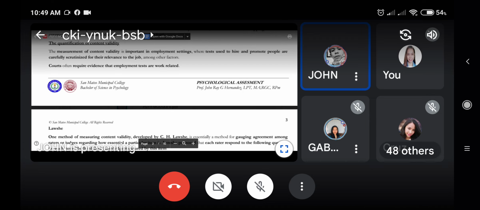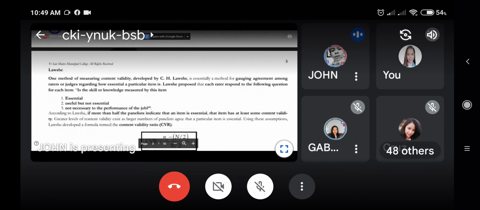Then, under the content validity measure, we have this tool developed by C.H. Lawshe, which gauges agreement among raters or judges regarding how essential a particular item is in the test.